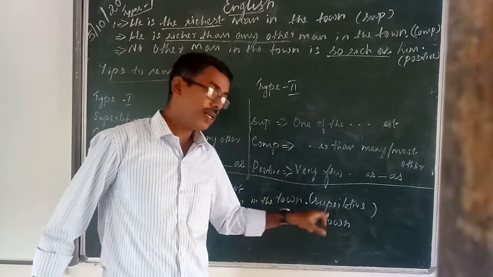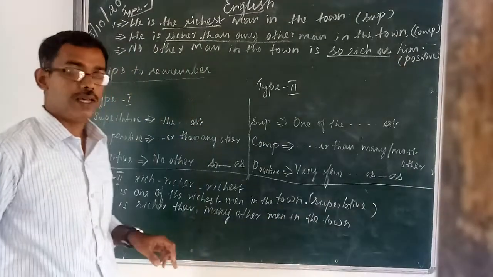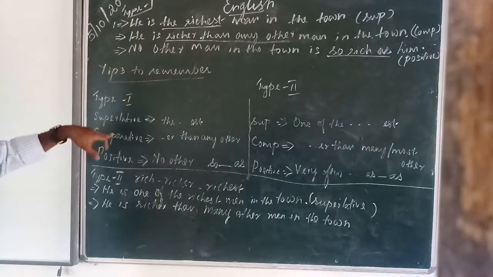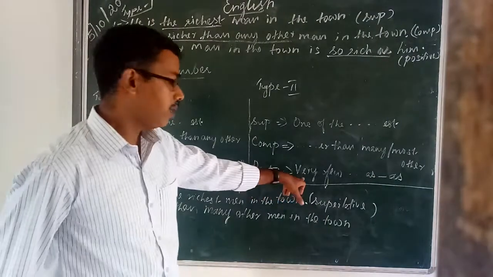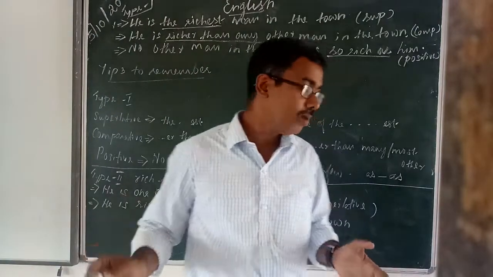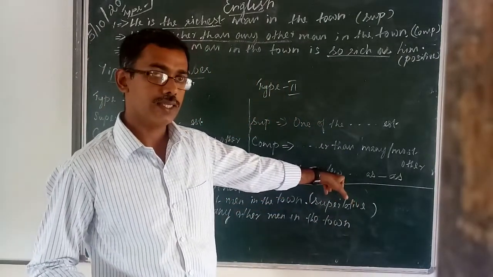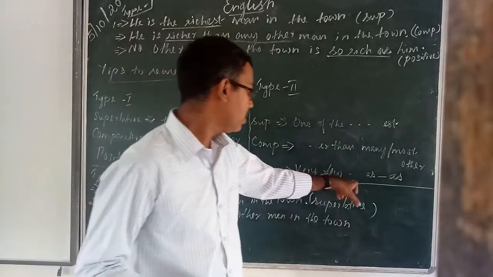He is richer than many other men in the town. When we come to the positive degree, since we are selecting one among them, we have to use very few.